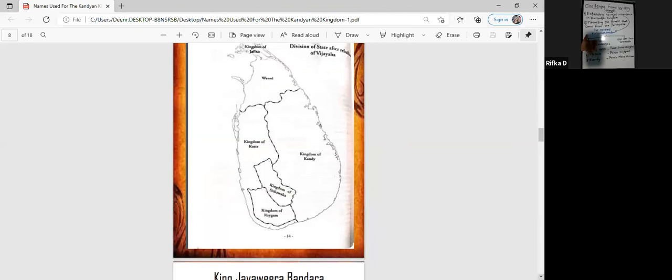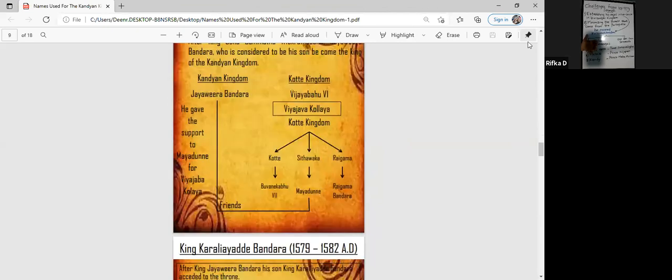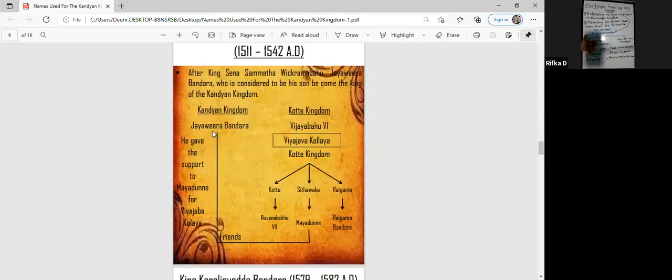After King Sena Sammata Vikramabahu, King Jayavira Bandara ascended to the throne in the Kandyan kingdom. At the time when Jayavira Bandara was ruling, a main incident happened in the Kotte kingdom, that is the Vijayaba Kollaya.